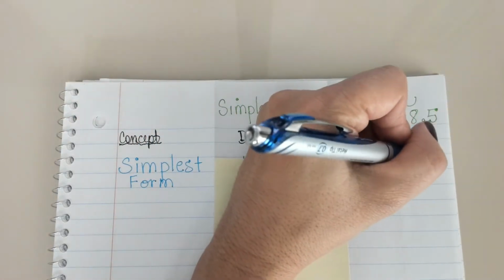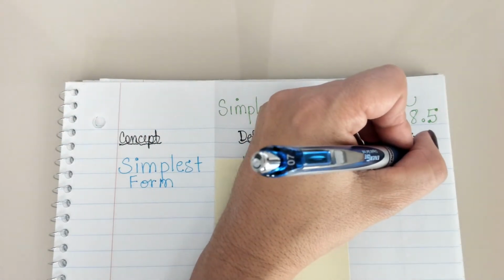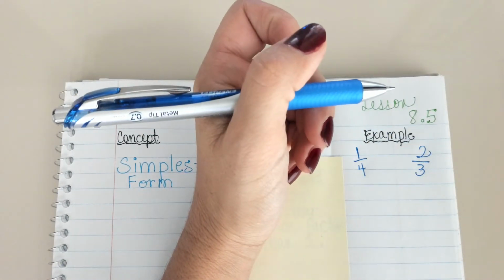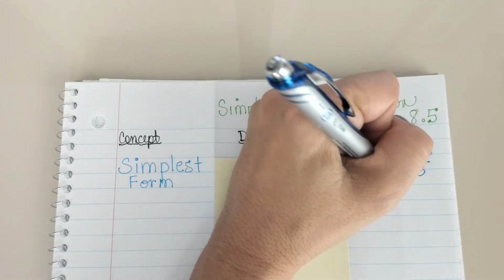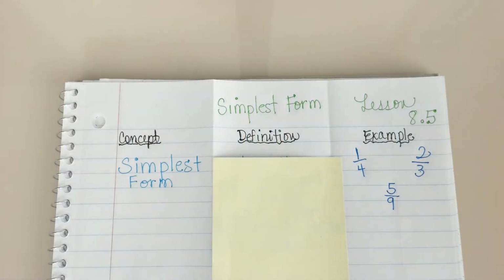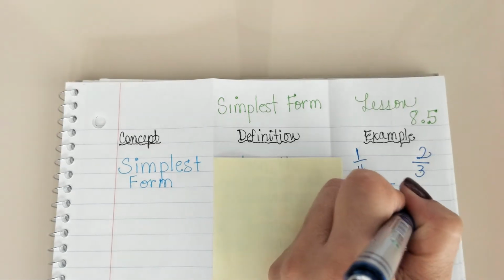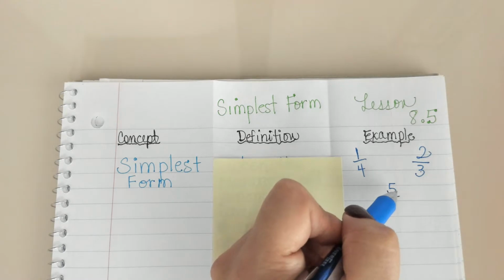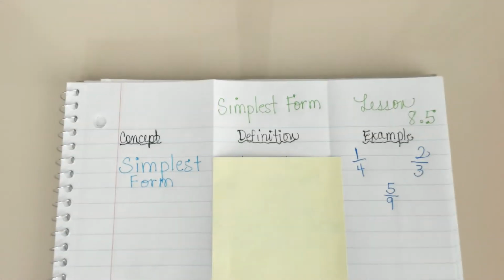They don't have factors in common. 2 and 3 don't have any other factors in common. 5/9. They don't have any other factors in common. You can't divide 5/9 by 5 because they don't have any other factors in common.